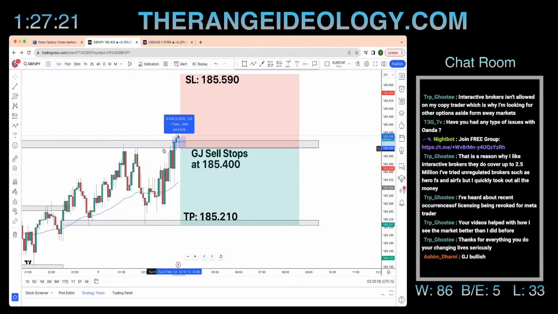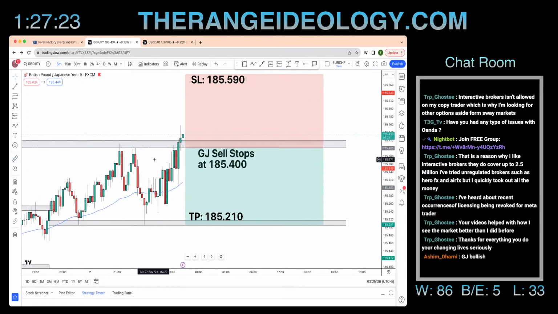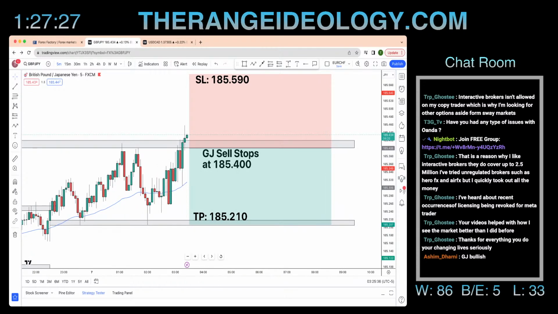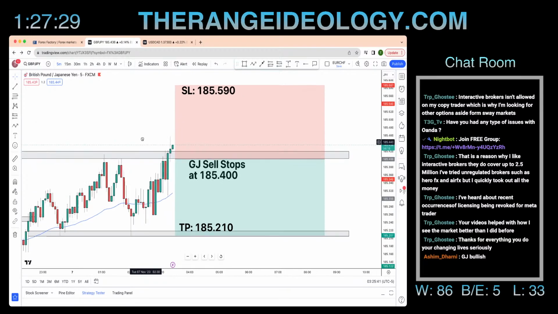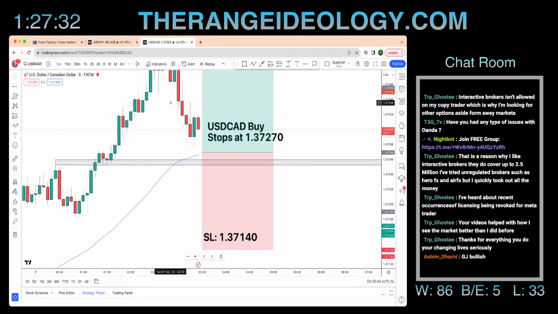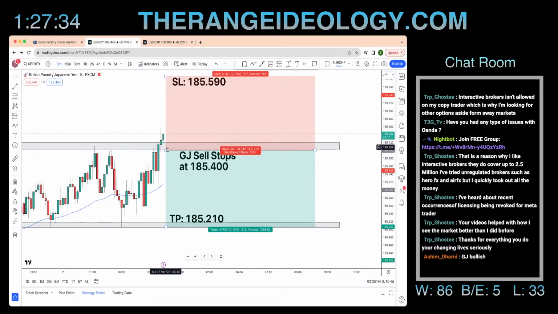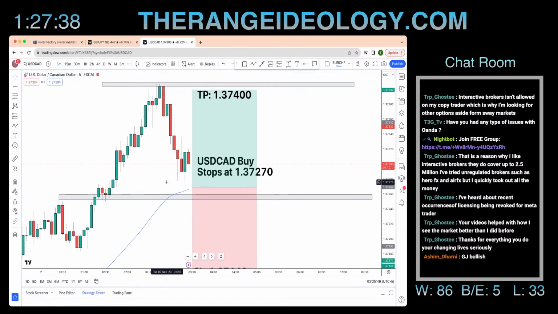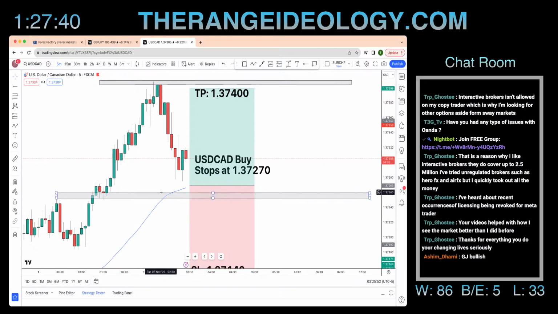Now about 3 pips away from entry. Okay, here it comes. So pushing strong here, GJ, and USD CAD is coming down here. So again, it could tap and make that reversal.